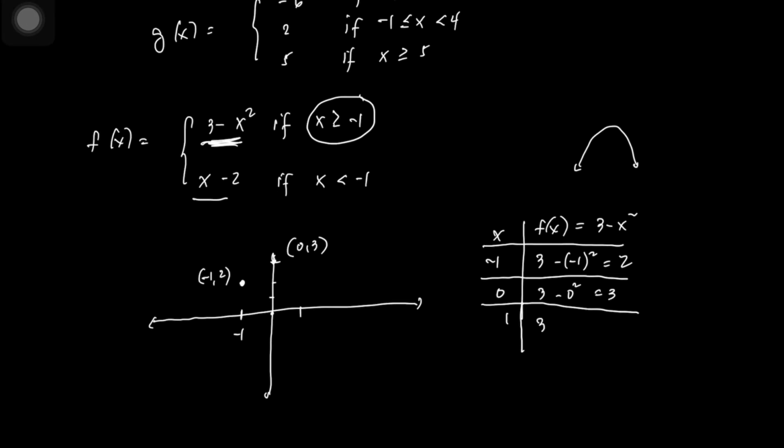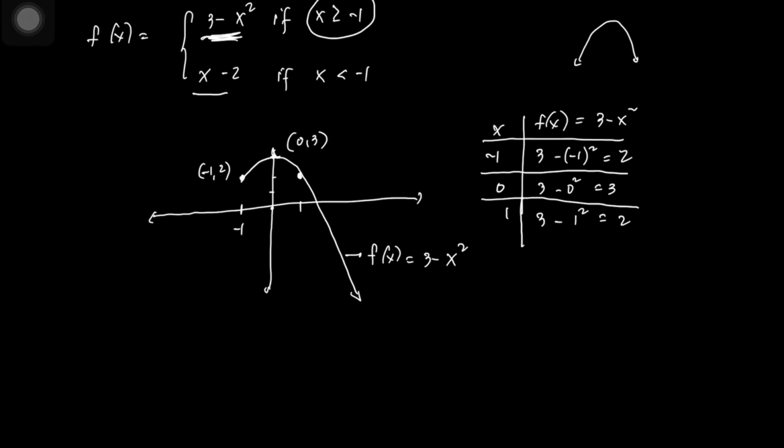So when x is 1, this is 3 minus 1 squared, which is 2 here. So basically, if we connect that, this is our function, f of x is equal to 3 minus x squared.